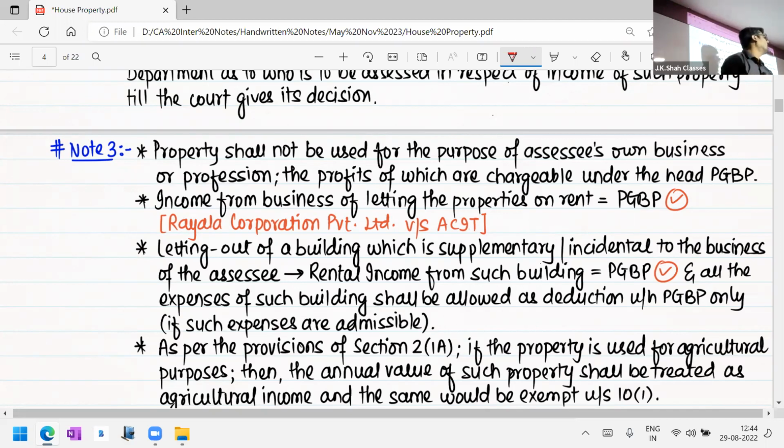Constructing the properties, selling the constructed properties is my business. So for me, these properties are stock in trade. Buying the pen, selling the pen. So buying the property, selling the property. I'm in the business only of buying and selling the property. Property will be mine.